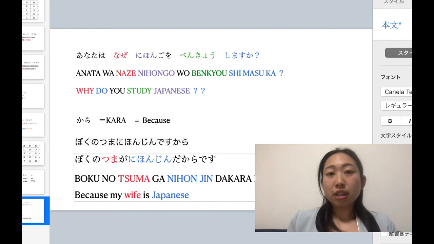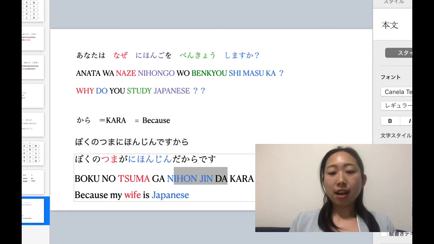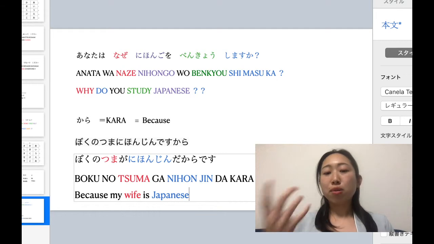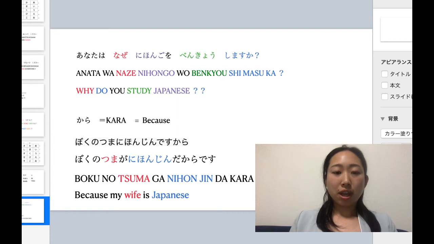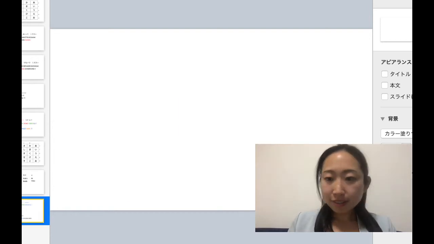When we talk about nationality or person, we call it 日本人. Jin means person. Jin represents human. Okay. 日本人だ is Japanese and very emphasized. And the kara is because this. Make it a little more polite. 僕の妻が日本人だからです. Okay.